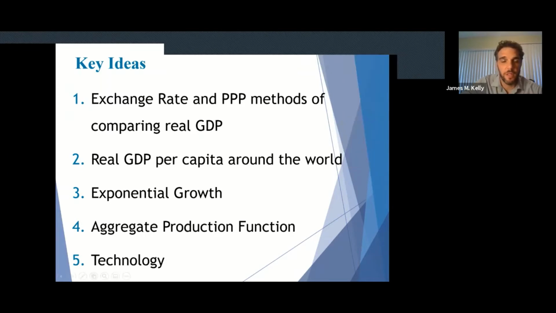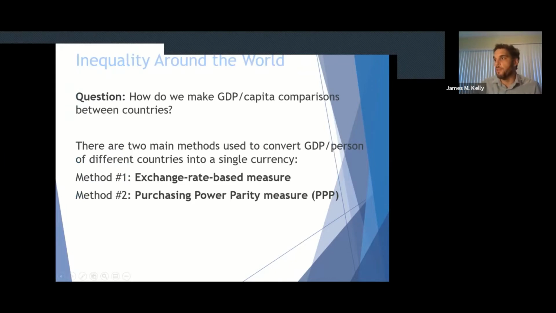All right, so in this video, we're going to talk about the two different ways we can find real GDP, real GDP per capita, income per person, income per capita.